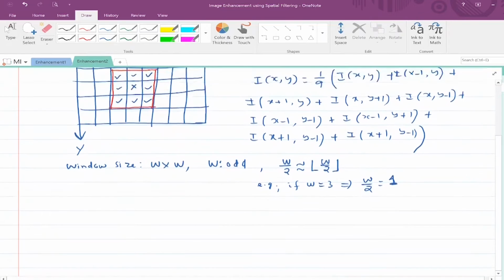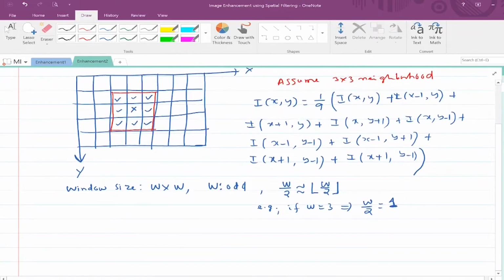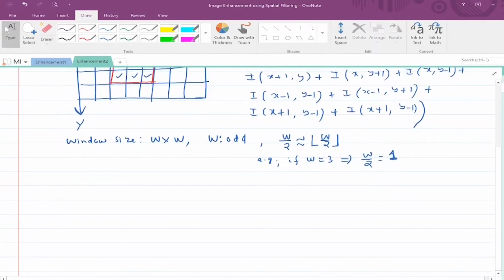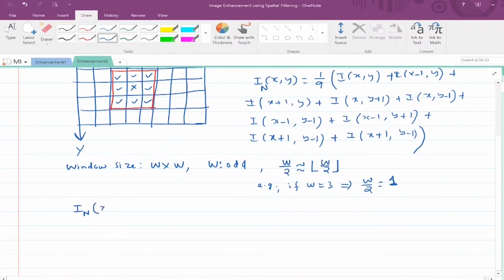Now let's try to write this earlier expression in the form of summation. How can I write that? I want the new value that needs to be replaced at the location indexed by x comma y is equal to, I need to change both in rows and columns. Use one index i for row.